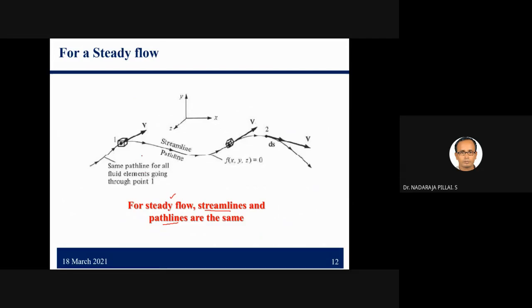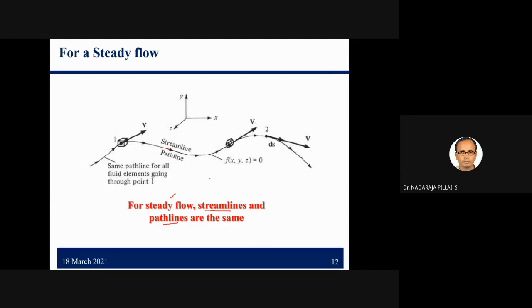So you see there is a streamline passing through this and the same is a path line also, because the streamline is the curve whose tangent at any point is in the direction of the velocity vector. Again, in a steady flow, the streamlines and the path lines are the same.